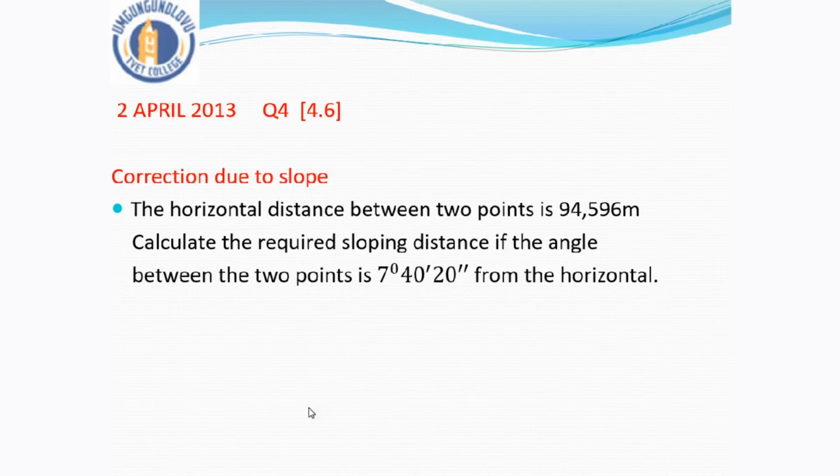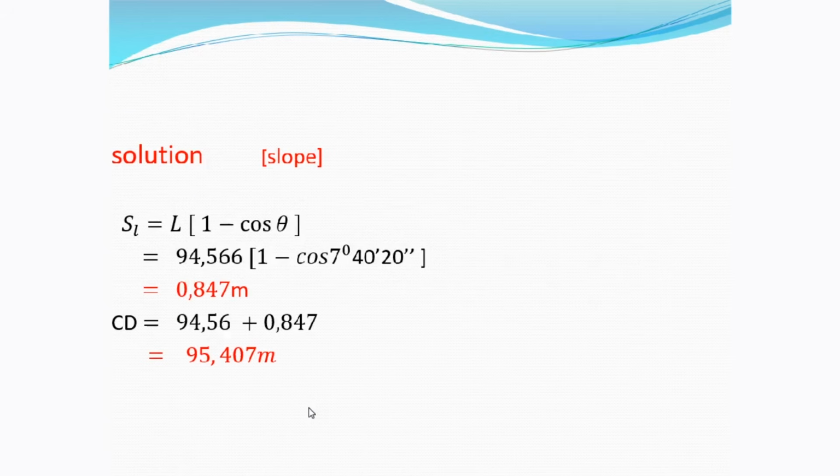Okay, so let us look at the solution here. You've got the formula for the correction due to slope, which is equal to length times 1 minus cos theta, and we are given our angle that is 7 degrees, 40 minutes, 20 seconds. Then you substitute in this formula.